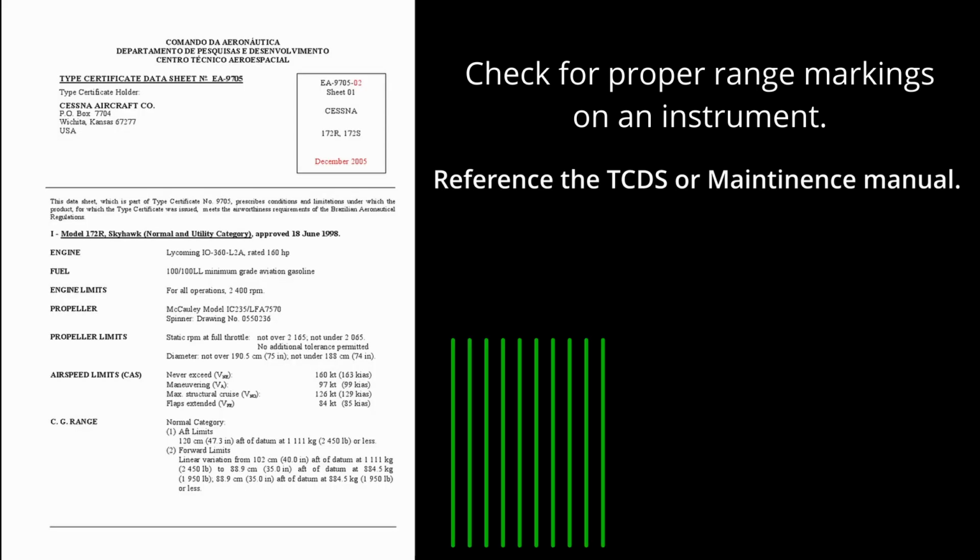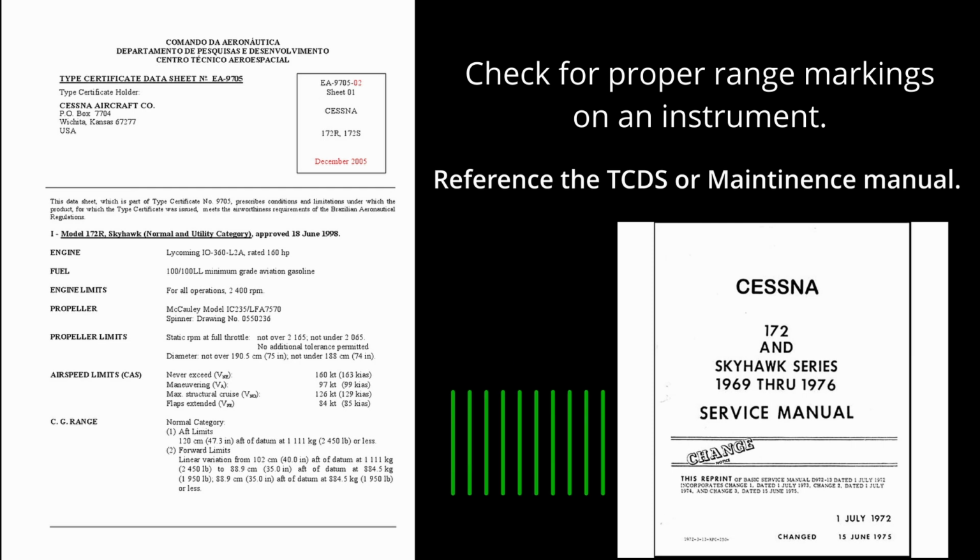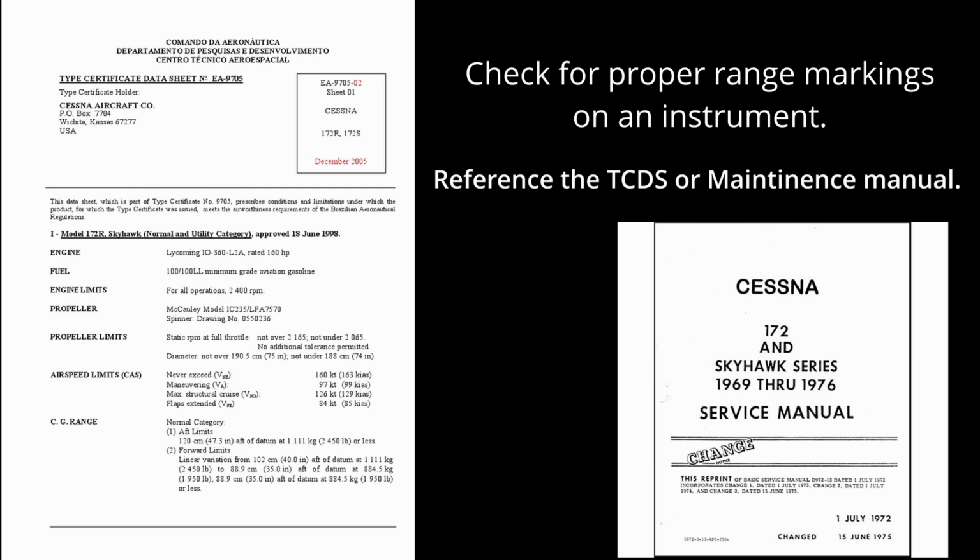Check for proper range markings on an instrument. You'll probably be given an instrument and a type certificate data sheet, or maybe the manufacturer's manual or maintenance manual, or something that you could reference to make sure that the range markings are correct on that instrument for that aircraft. Do y'all know what I'm talking about, the range markings?